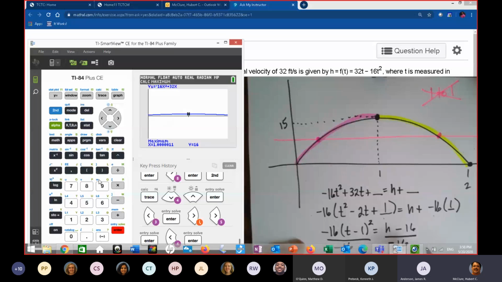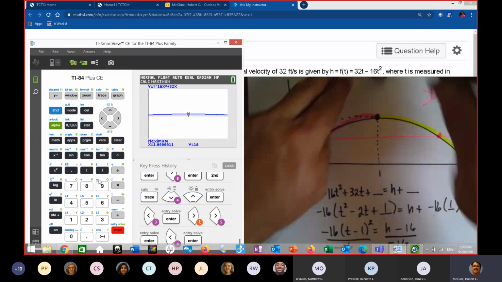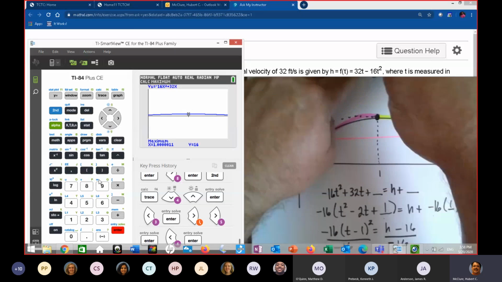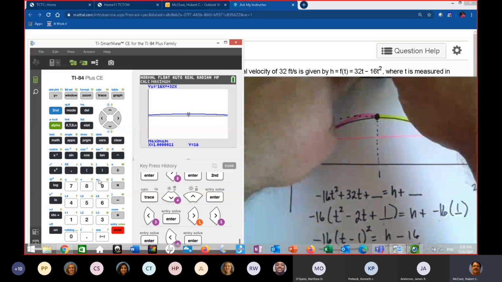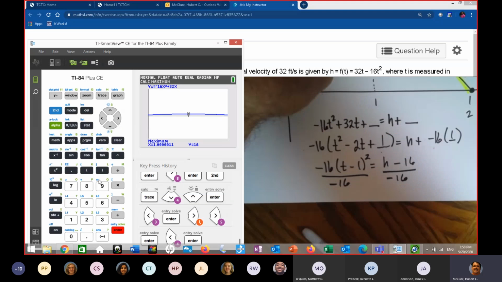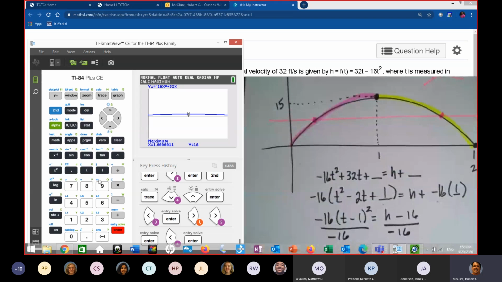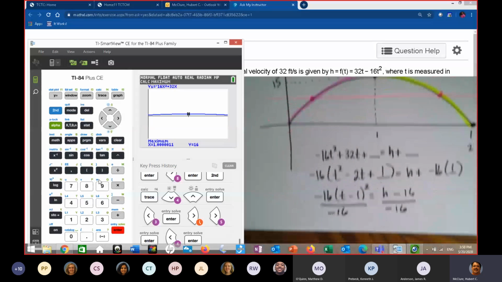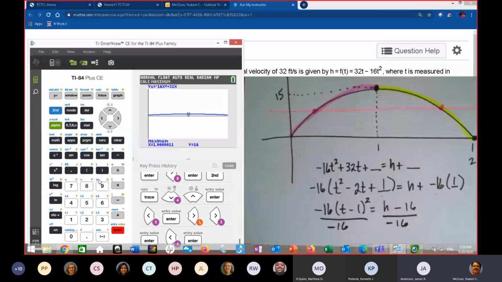Now the difference between this problem and the ones we've done before is this problem's got a variable in it. So you're going to treat it a little bit different. A different animal than if it has a number on the side. So we usually have a number where the h is. So this is a little bit different.